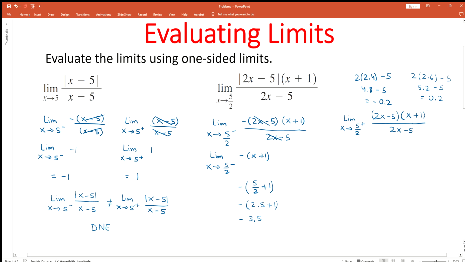We can cancel out 2x minus 5 from the numerator and denominator. Now we can apply the limit. We should sub in x as 5 over 2.